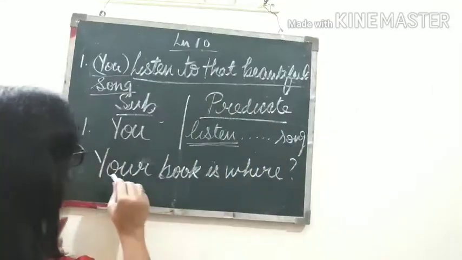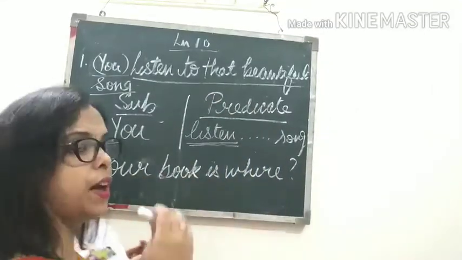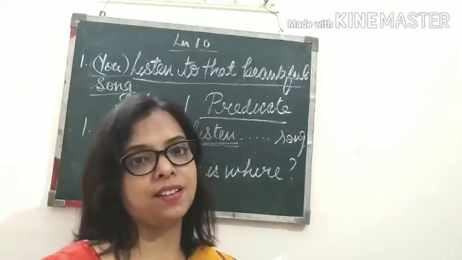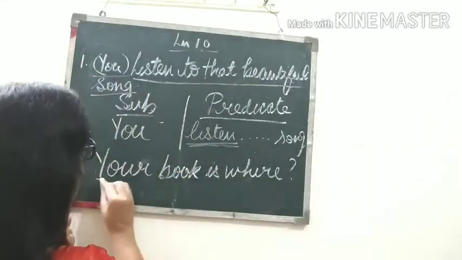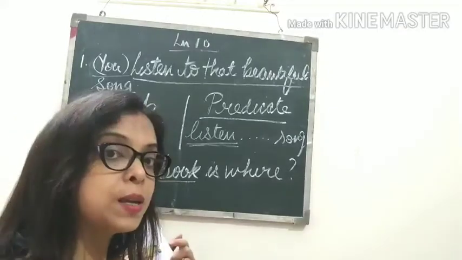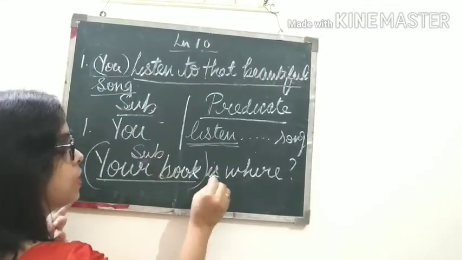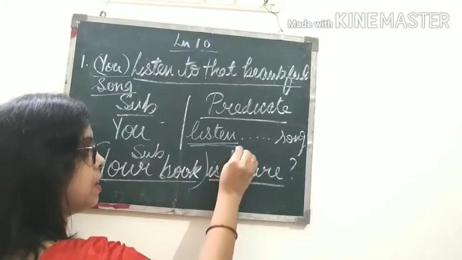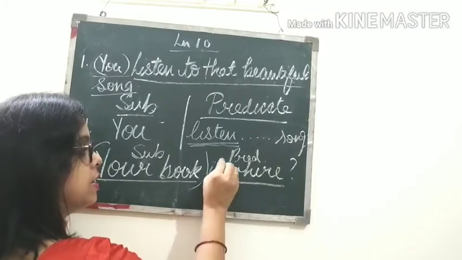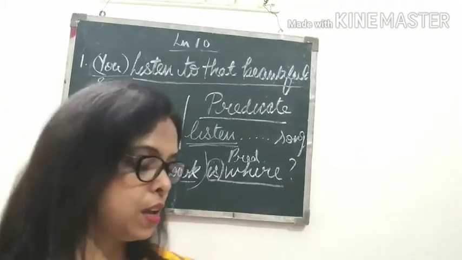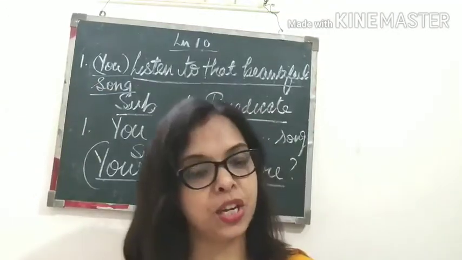So what are we talking about? About your book. So your book is the subject, and is where is the predicate. And see, here is the verb coming.